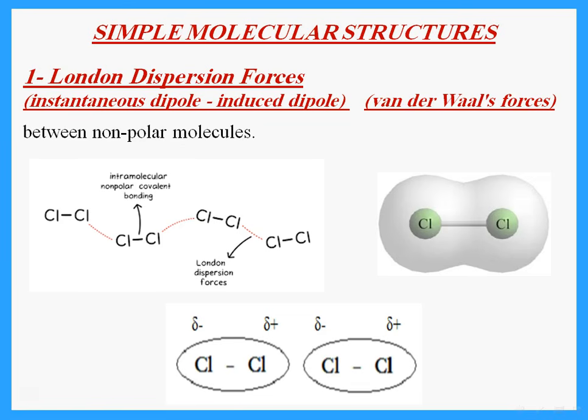First of all, these are intermolecular forces between non-polar molecules. So in this case, we're talking about something that is non-polar. For example, the chlorine molecule, we said, is non-polar. Each chlorine atom is electronegative, but when we have both of them the same, that means they're attracting the bonding electrons equally.